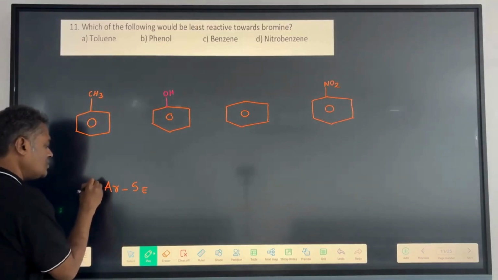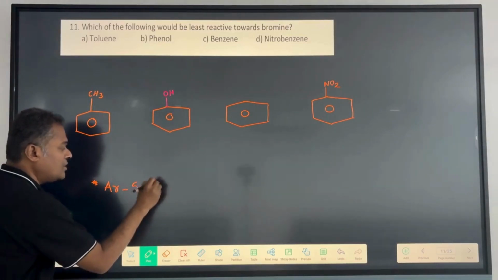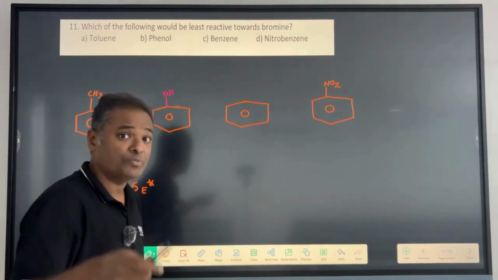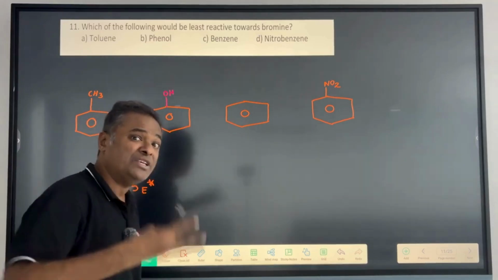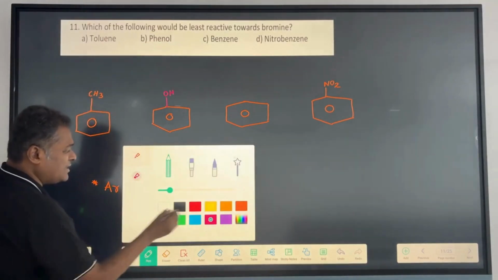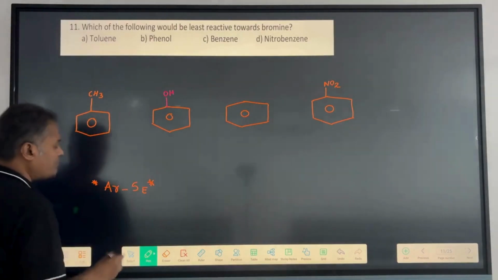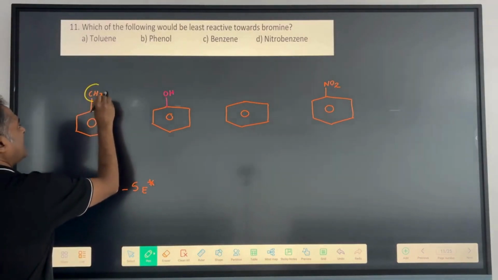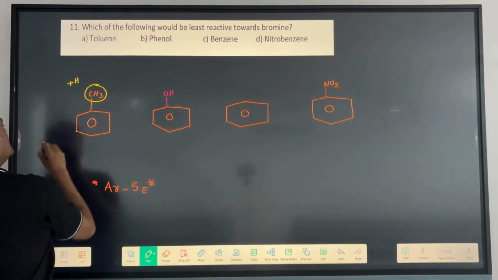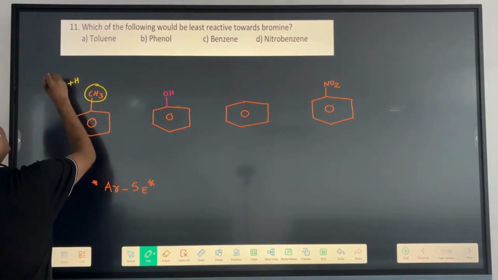Now the question is, which groups are there which enhance the electrophilic substitution? It's the donating group, and which will decrease the reactivity, withdrawing group. So let's now start analyzing which groups are behaving as what. Now methyl group, when it is attached to a benzene, it shows plus H effect. That's mean it's an electron donating group.